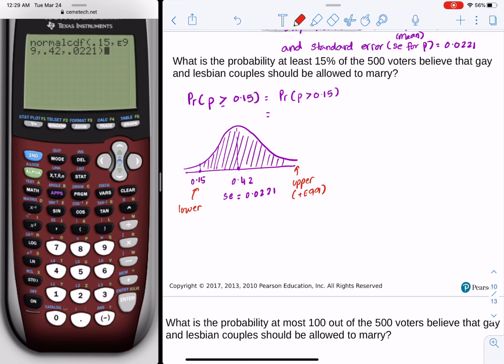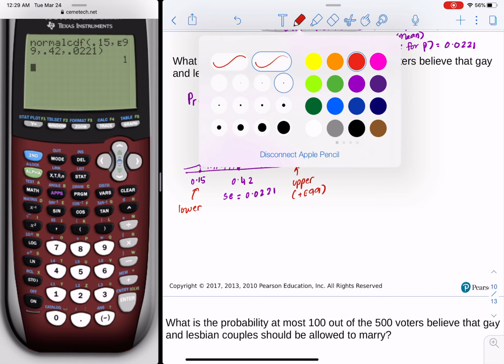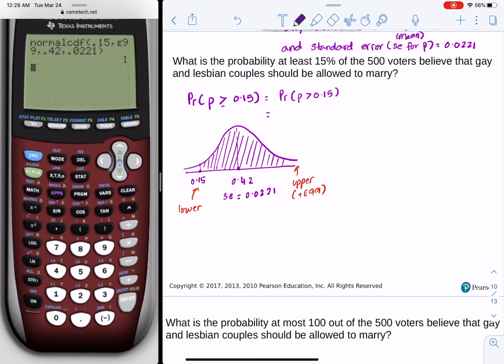And that standard deviation is simply the standard error for p, and the answer ends up being 1. In other words, the chances that at least 15% out of the 500 voters would believe that gay and lesbian couples should be allowed to marry is certain.